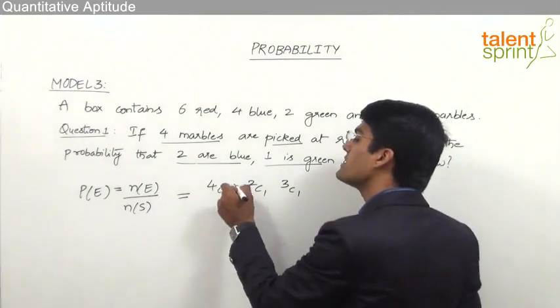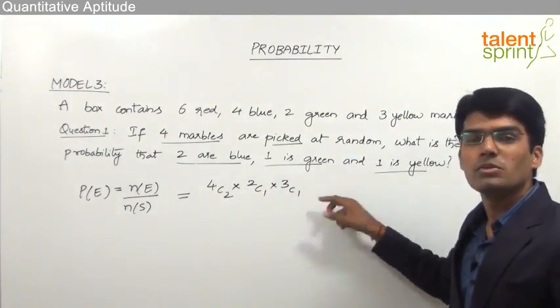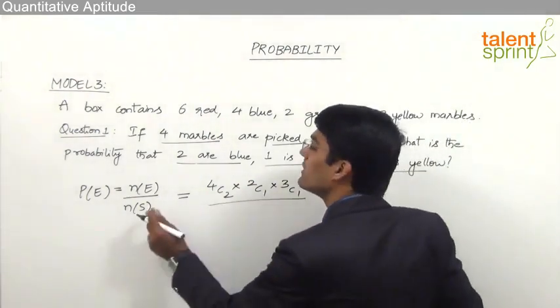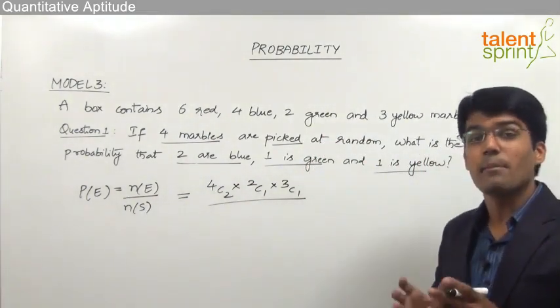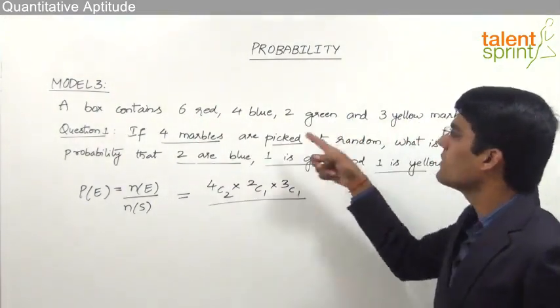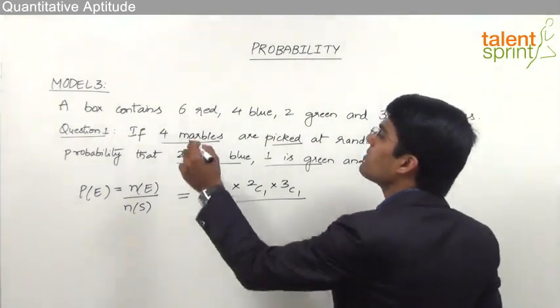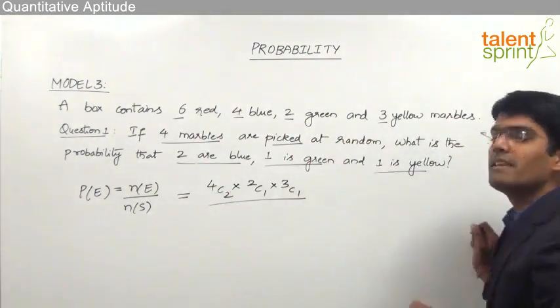So we need to go for the principle of multiplication, that is 4C2 into 2C1 into 3C1 divided by the total number of outcomes. Now total number of outcomes here is nothing but the number of ways in which 4 marbles can be selected out of the given number of marbles. We know that total number of marbles are 6 plus 4, 10 plus 2, 12 plus 3, 15.